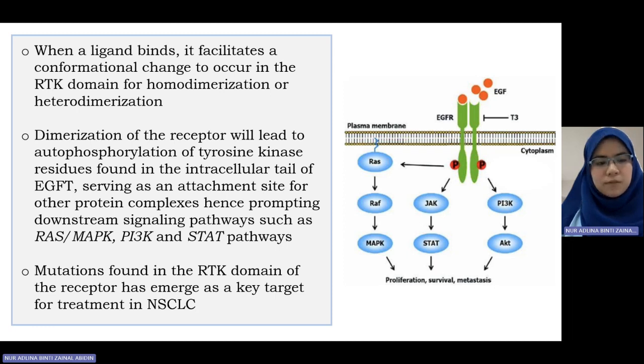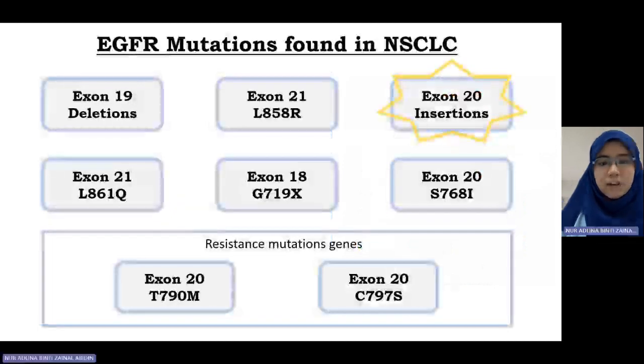Mutations are most commonly found in the RTK domain of this EGFR gene, which makes the RTK domain itself a key target for treatment in non-small cell lung cancer. Around 90% of the EGFR mutations are made up of classical sensitizing mutations, which are known as exon 19 deletions and exon 21 L858R.